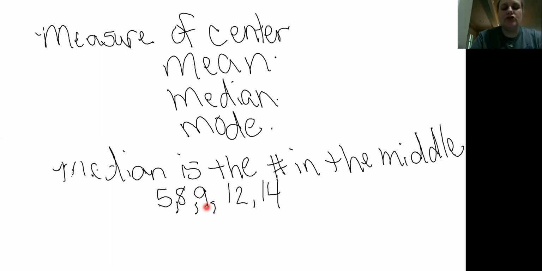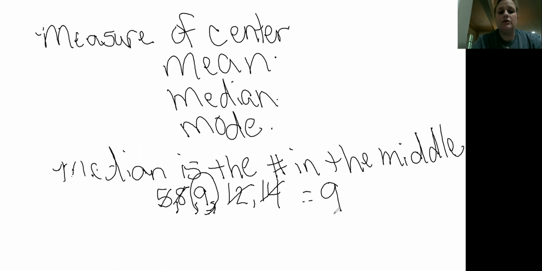So basically you're starting on both ends and working your way in. So another way to look at it is, if I say, well, 5 and 14, getting closer to the middle, cross out the next low and high. Now I've worked my way to the middle, so the median equals 9. So it's physically the number in the middle.